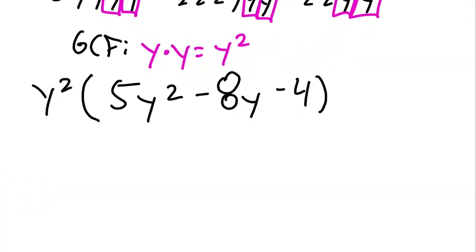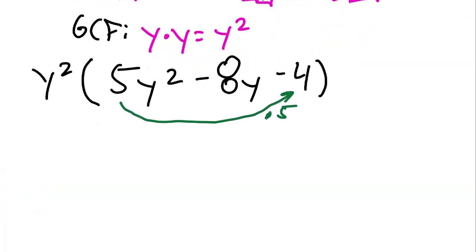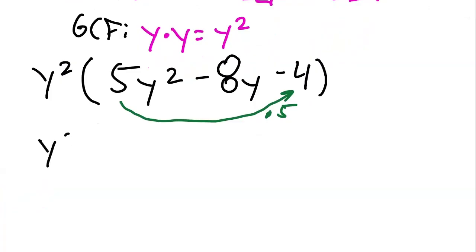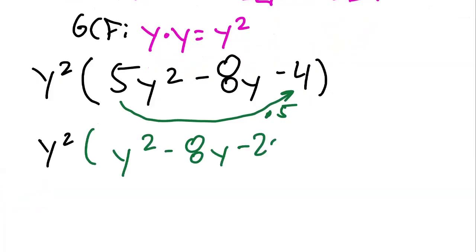Okay, now we're going to do what we saw in the video. We're going to take the 5 and multiply it to the last term. Bring the y squared, and then we're left with y squared minus 8y minus 20.